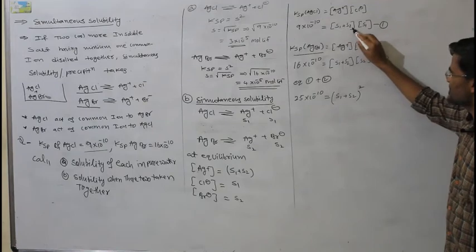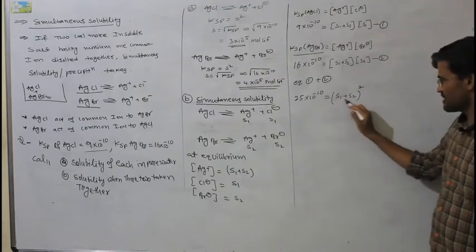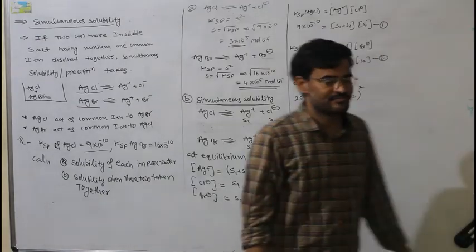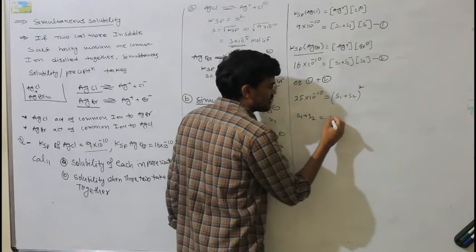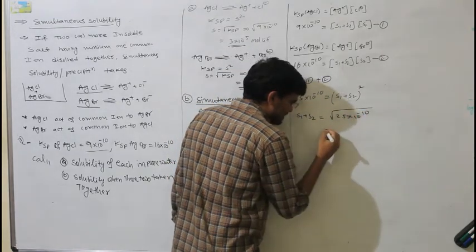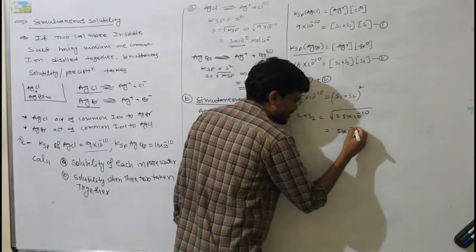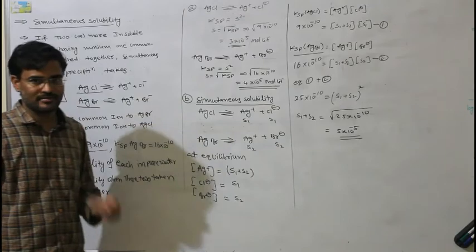S1 plus S2 into S1 plus S2 becomes S1 plus S2 whole square. So from here S1 plus S2 is equal to root of 25 into 10 power minus 10, that is 5 into 10 power minus 5, which is the value of S1 plus S2 at equilibrium.